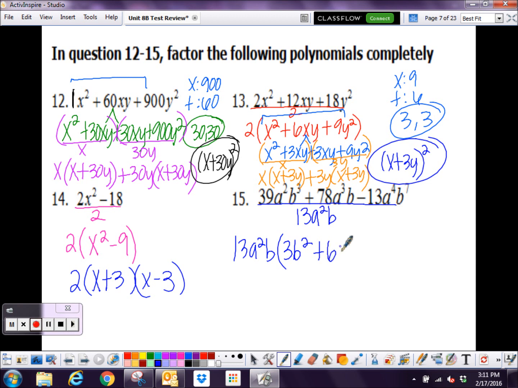And I'll be left with an a, and that b's canceled out, minus, I took 13 divided by 13 is just 1. I took 2 of the 4 a's out, so I'm left with a squared, and then I'll be left with b to the 6th. There is nothing left to do here. You do not know how to factor this, so when it looks crazy like this, just assume I can't go any further.